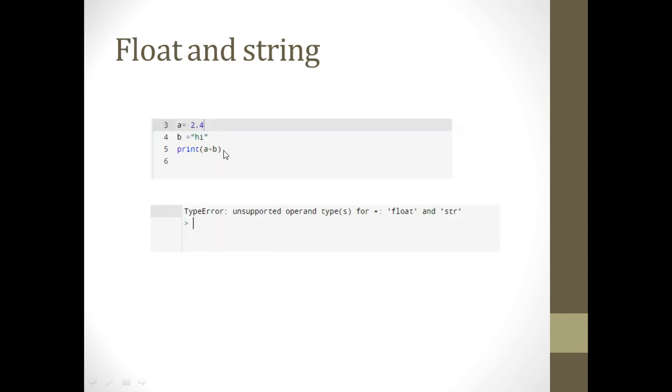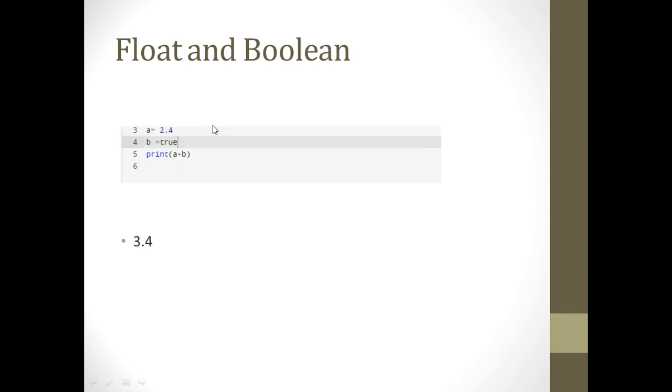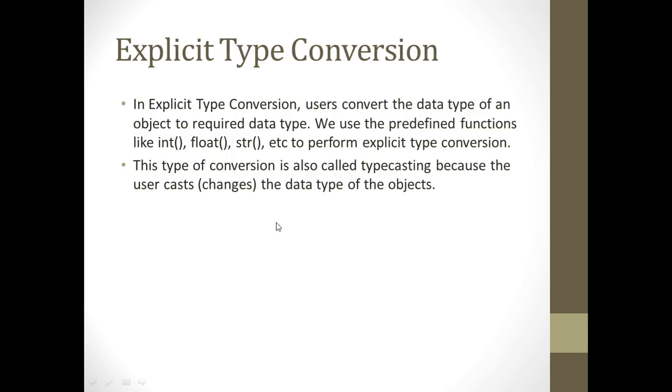If I have a string and a float, even that gives an error. But with a float, a boolean: the float value is 2.4, boolean value is true, and true means it's taken as 1. 2.4 plus 1 becomes 3.4.